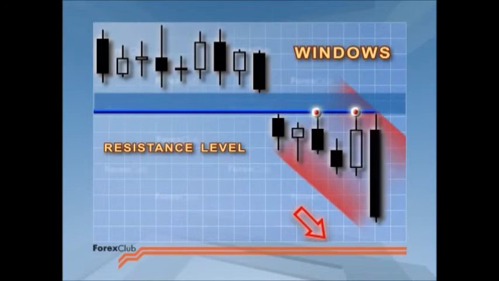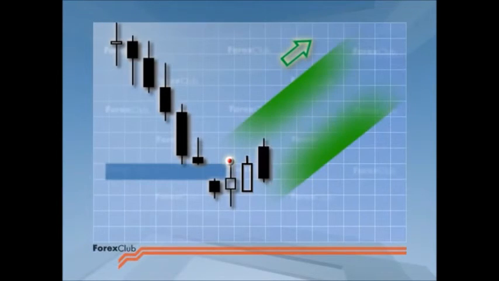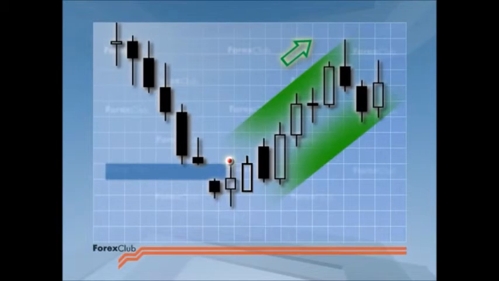On a downtrend, a window signals further price falls. Any correction should end at resistance at window level. If the window is closed and prices continue to climb, the previous downtrend is over.